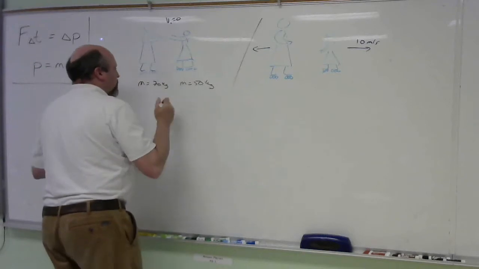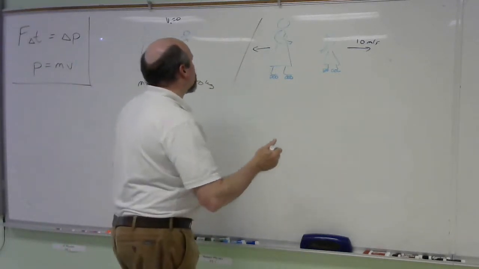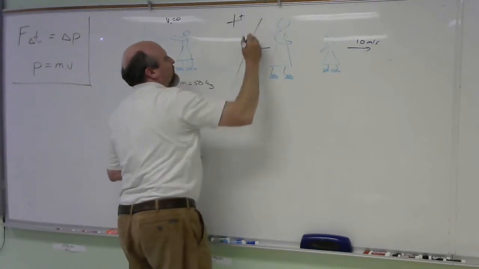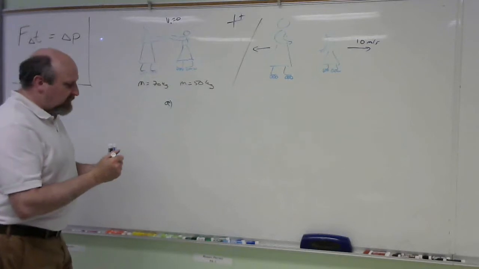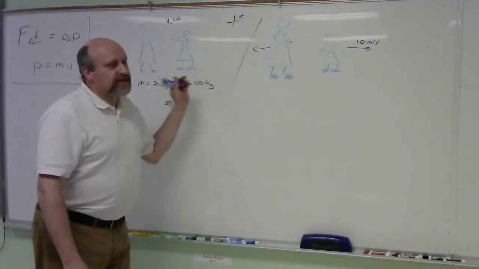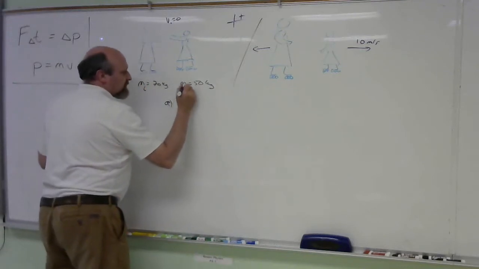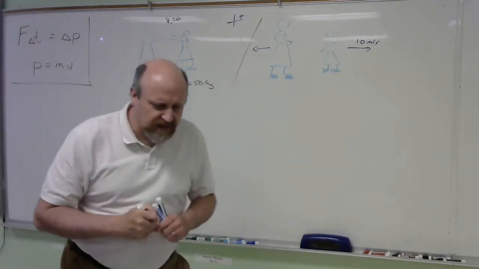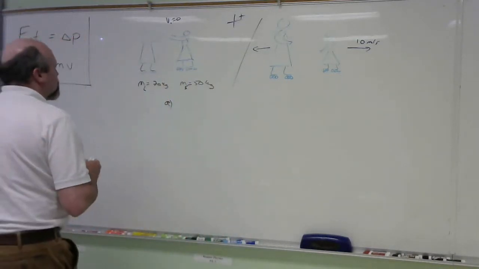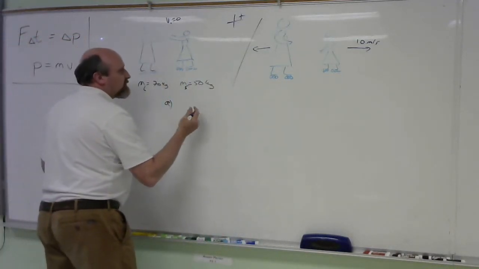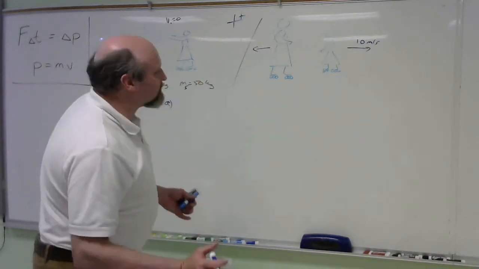So what I would say for part A is I know that if the little girl gains momentum in one direction, let's call that a positive direction, make that a positive 10 meters per second, let's call it right positive, then the larger girl's got to gain momentum in the negative direction too. Let's just write down larger girl and smaller girl, LMS. What is the effect of the action on the larger girl?